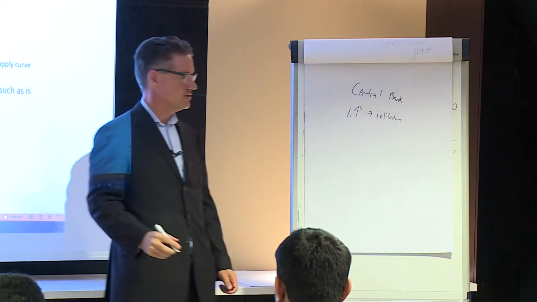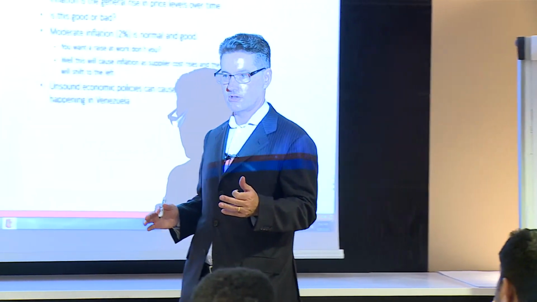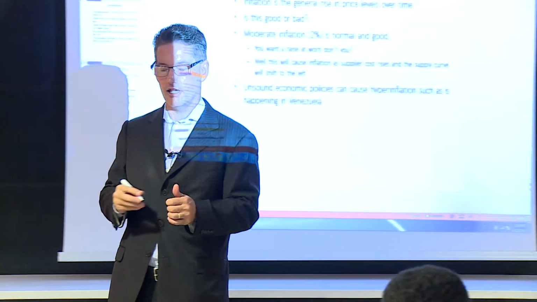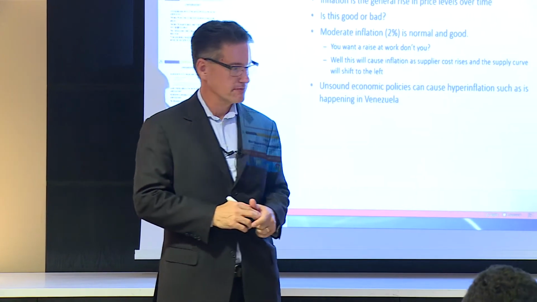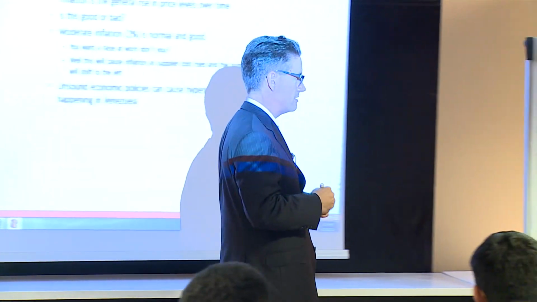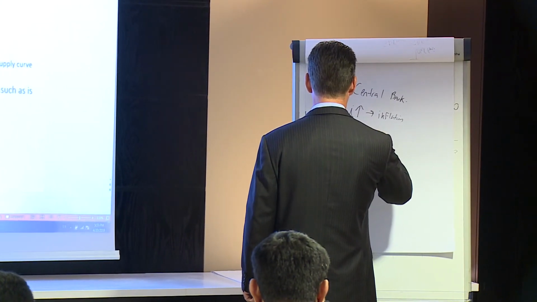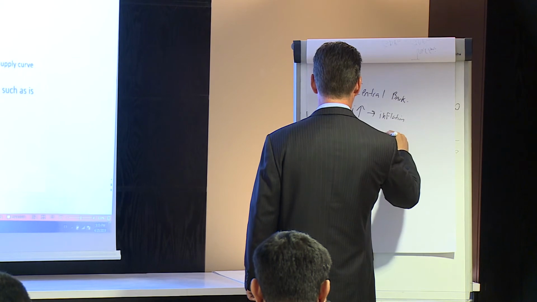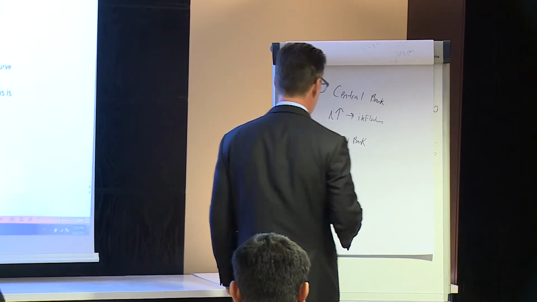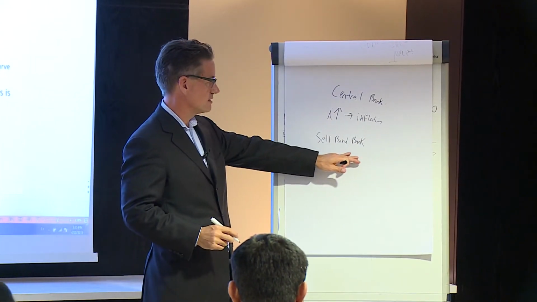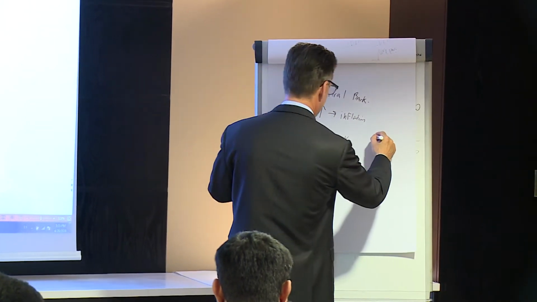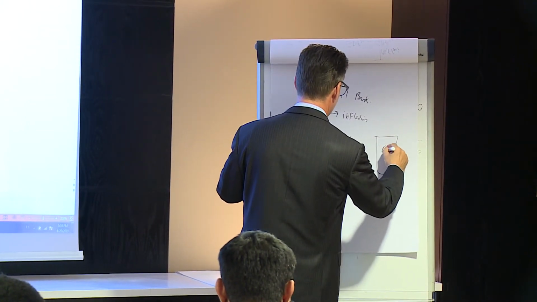The way they actually do this is they buy and sell bonds on the open market, right? And the banks are buying these bonds. So if I sell a bond to the bank, is the bank paying me money or not? The bank has to pay me money for the bond, right?